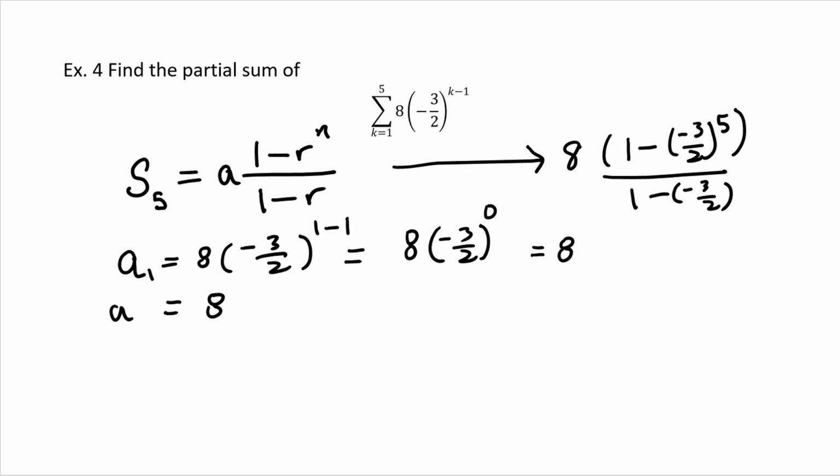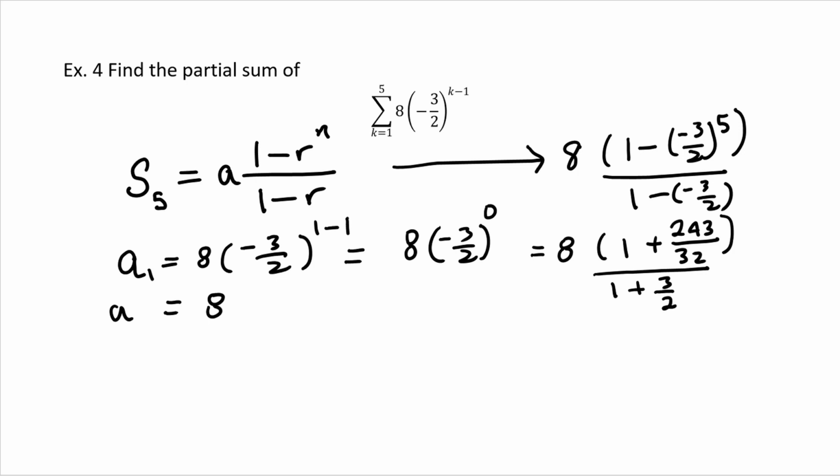This will be 8 times, and then we'll have 1. Negative to an odd power keeps the negative, so minus negative will be plus. 3 to the 5th is 243. 2 to the 5th is 32, and we'll divide the bottom by 1 plus 3/2.